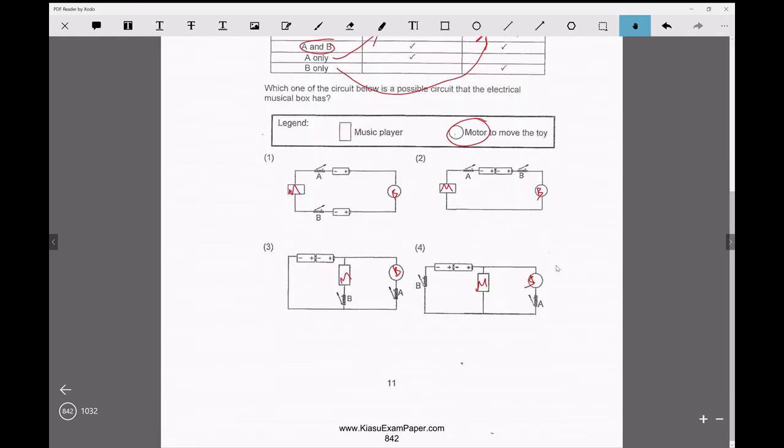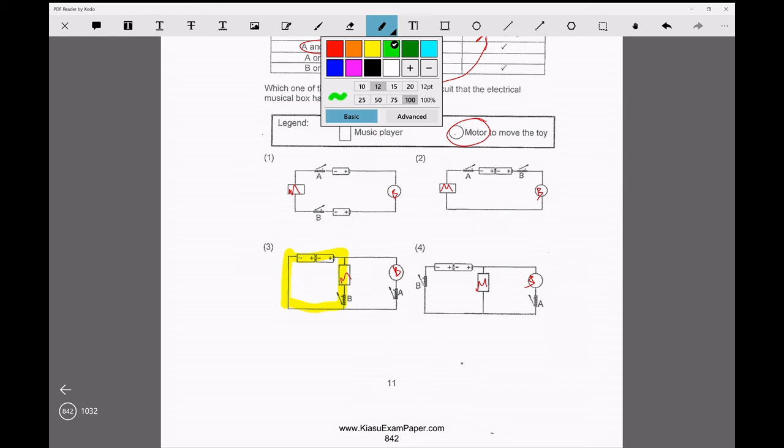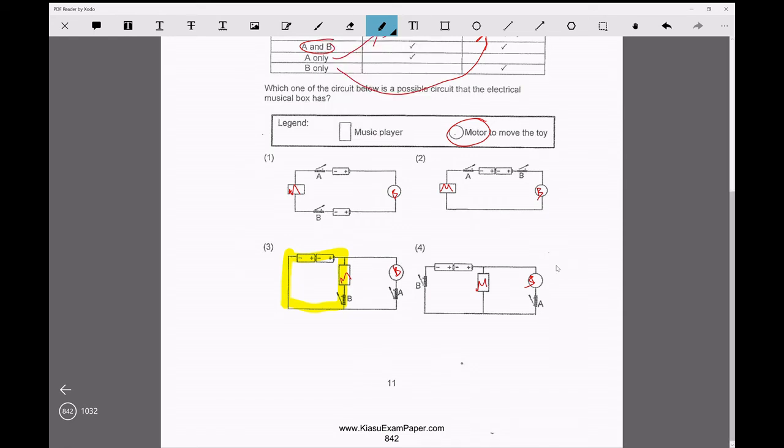Because when this is closed, electricity can flow through, right? Maybe I just highlight it. Whereas the other one is like that.